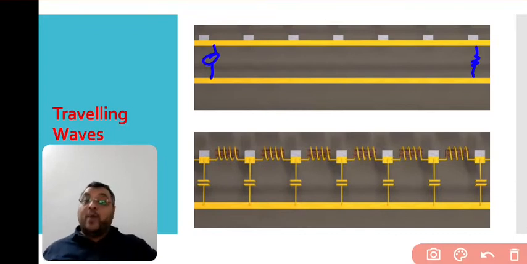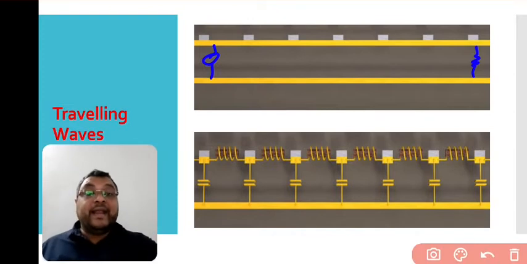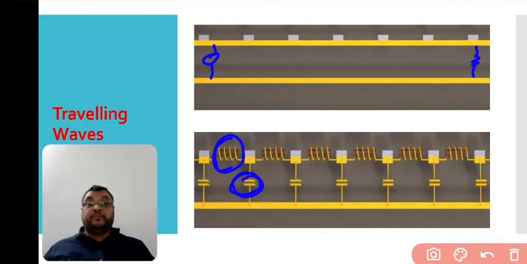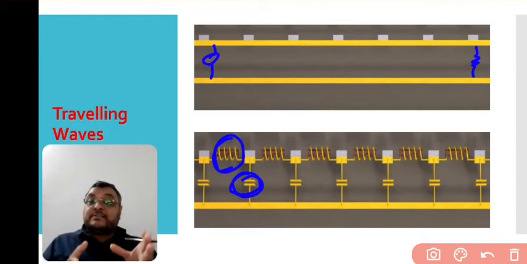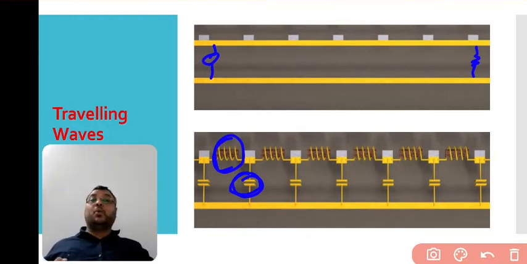Why? Because there is some inductance and capacitance that comes into the picture. Whenever we switch on the supply, first of all this section's inductance and capacitance is going to be charged.